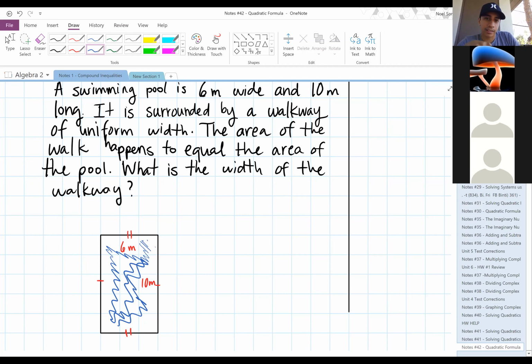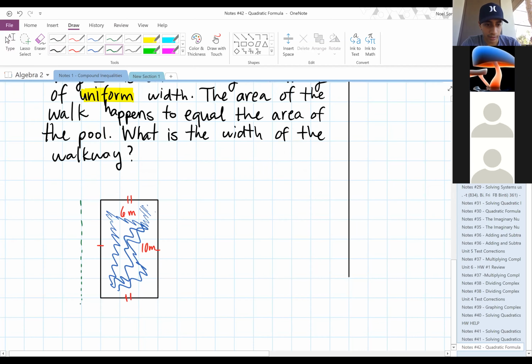But the key word here is uniform. Uniform width means that it's the same width all around the pool, right? So if I were to sketch out something that represents the walkway, let's say it would be this wide, the entire way around the pool.